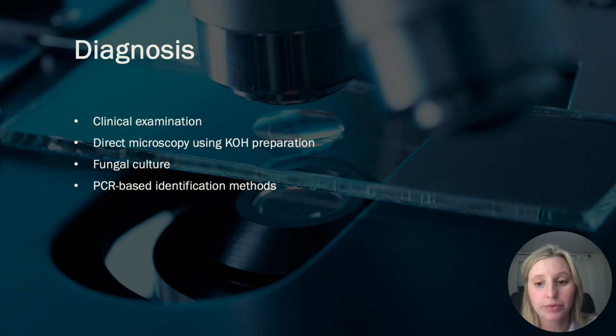The KOH preparation test is a common diagnostic method where a sample is extracted from the infected skin, hair, or nails and is treated with potassium hydroxide and examined under the microscope. The fungal culture is used to identify specific species responsible for the infection, and a PCR-based method, a polymerase chain reaction, offers a rapid and accurate way to detect and differentiate fungal species.